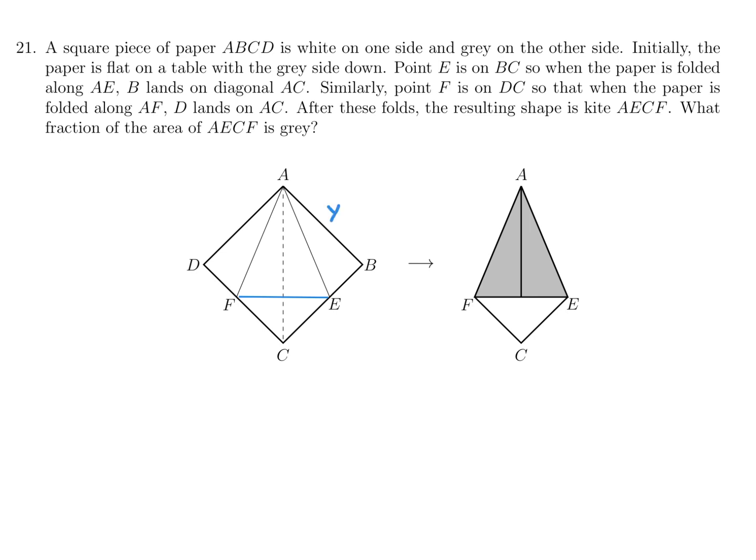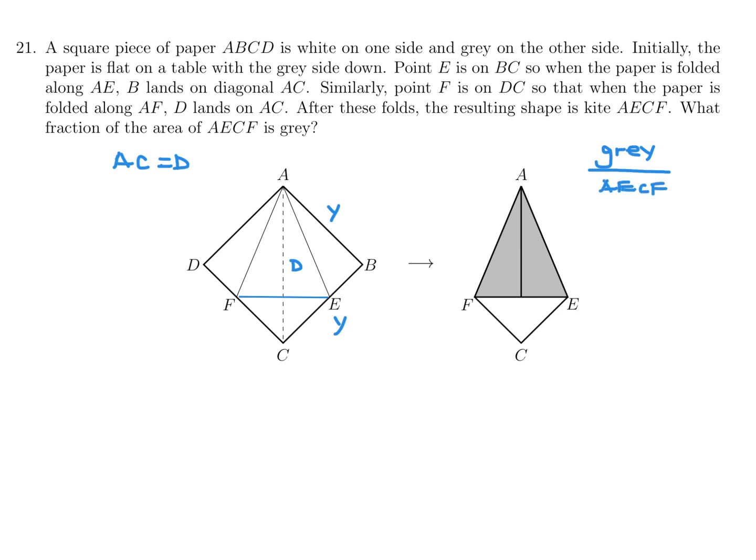I'll just call it y, the side length of the square. And then that dashed line from A to C, I'll call d, the diagonal. So AC I'll call d, since that's d for diagonal. And where do I go from here? Okay, so they want the ratio of that gray area to the total area of AECF.